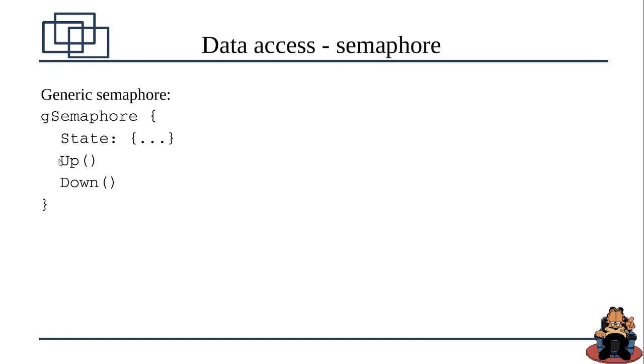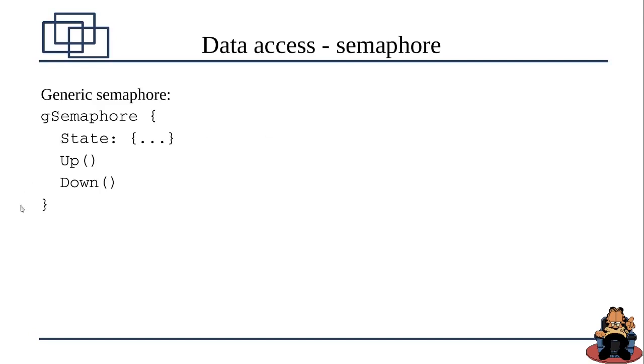The semaphore has two functions, up and down. The up function iterates the state from the current state to the next state, and the next, until you reach the last available state.